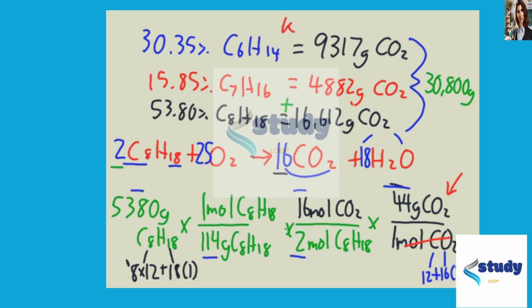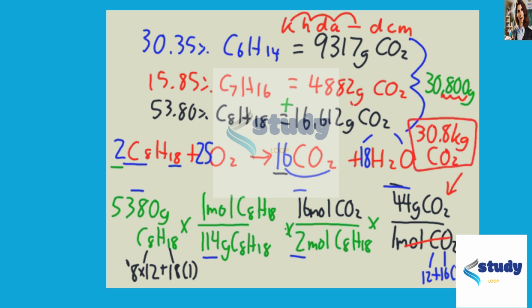So if we have our metric chart up again, and we move back to kilograms, we'll move the decimal back, and our final answer will end up being 30.8 kilograms of CO2, of carbon dioxide, will form from the complete combustion of this blended 10 kilograms of fuel.